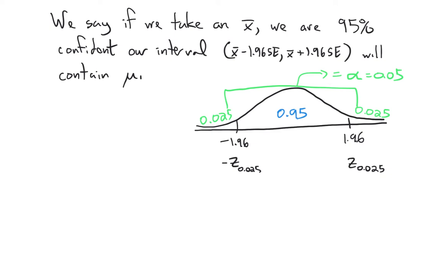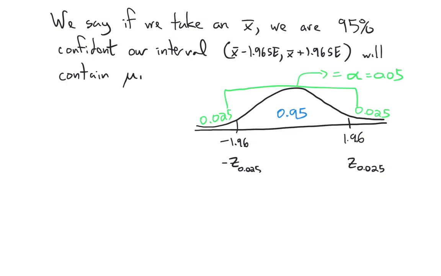And also there's another notion here. Alpha we're thinking of as our error here. We'll talk about it a little more when we do something called hypothesis testing. But the chance that we're wrong, we're going to be wrong 5% of the time if just by chance we get a sample mean too extreme out here. We call that chance of being wrong alpha.